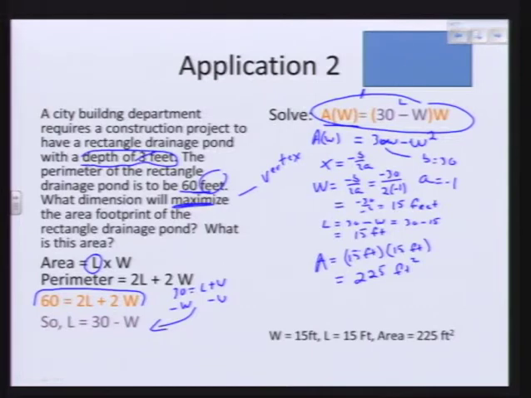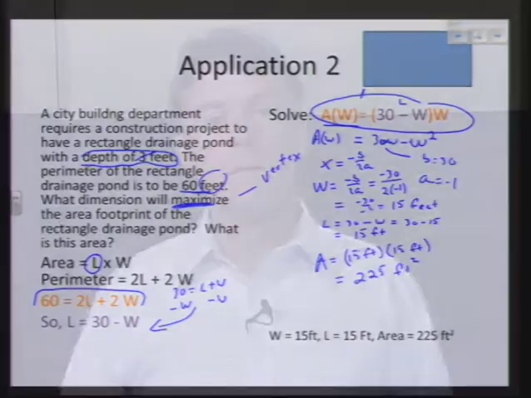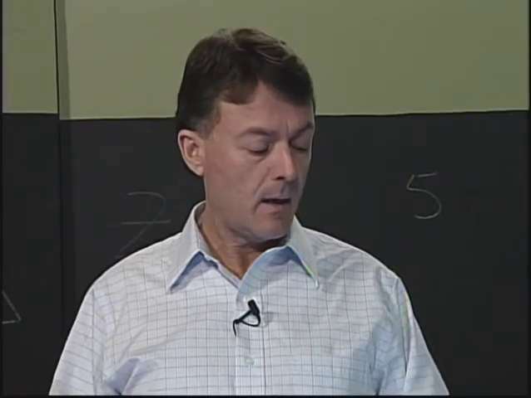And that'll end up with a footprint on the flat of the land of 225 square feet.